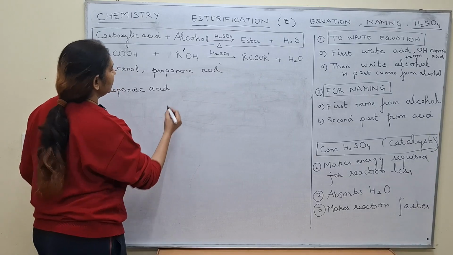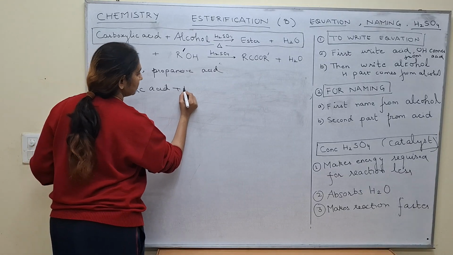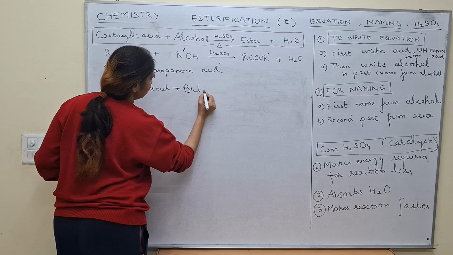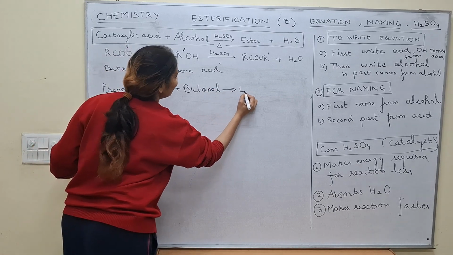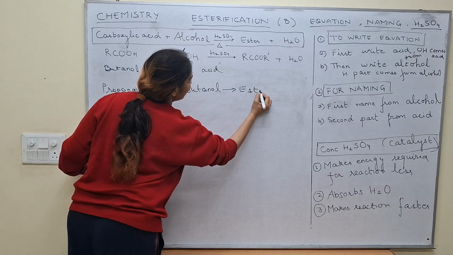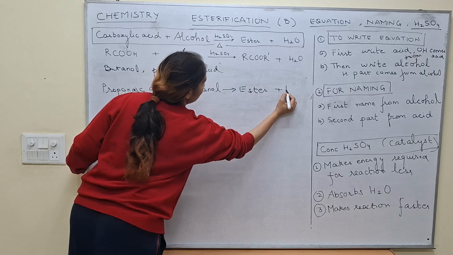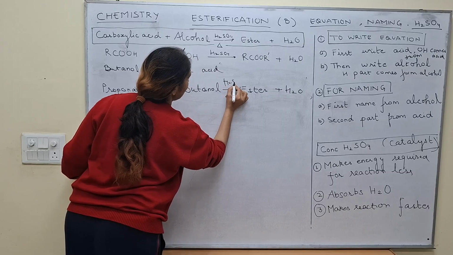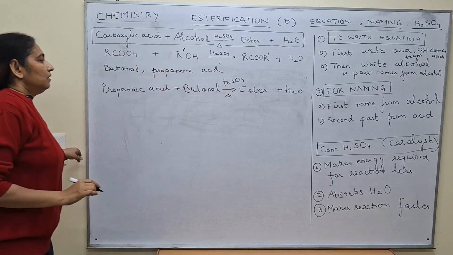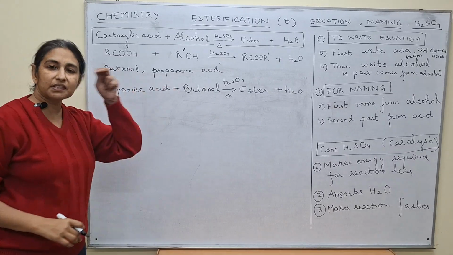Second thing you have to write is the alcohol. So I write butanol. And then there will be an ester, which we don't know. So just write ester and water and this standard catalyst. Okay, we've written in words.